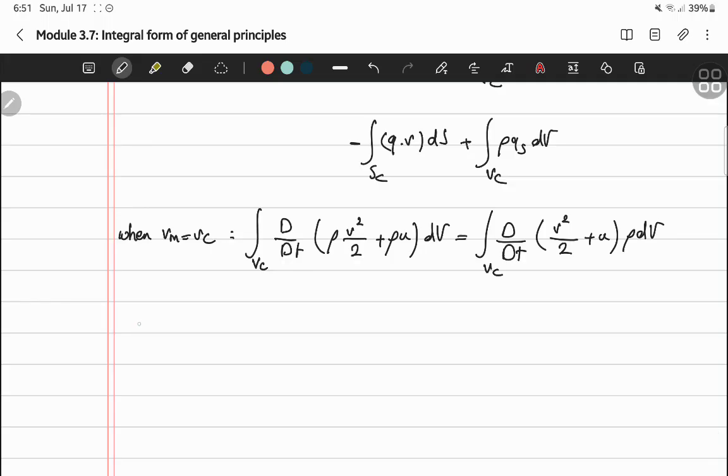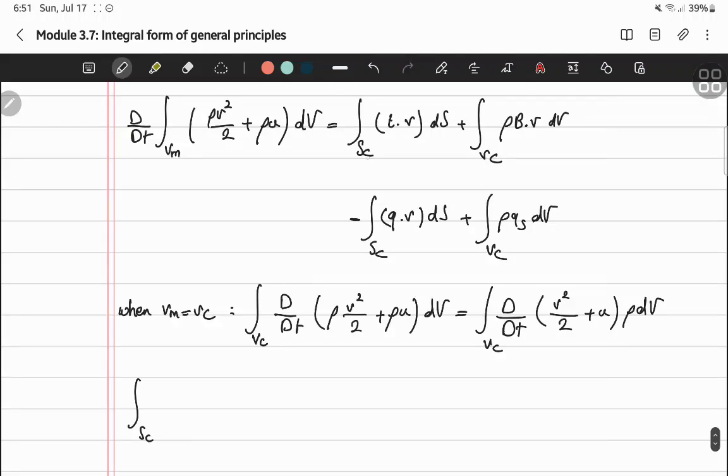I also have Sc in here, so I have to convert them to Vc, the control volume, using the divergence theorem.